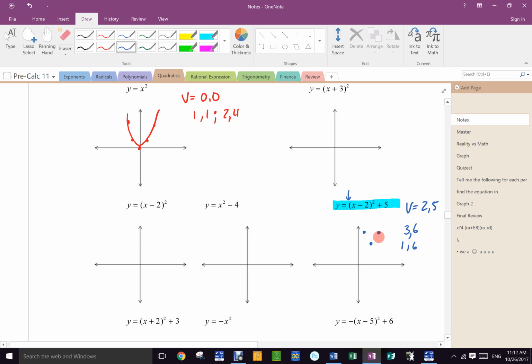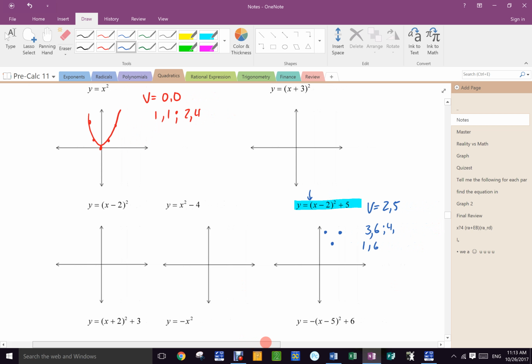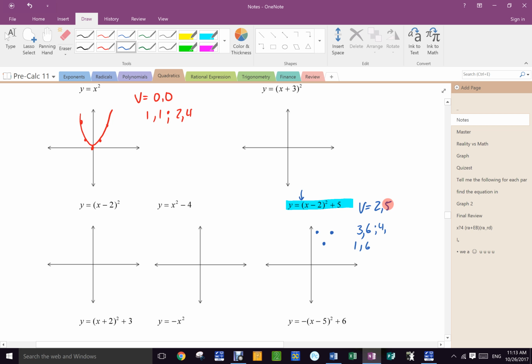Have I covered all your criteria? Do I have one on both sides? So do I care where you put the next one? So what's it going to be? If I go over 2 from 2, I'm at 4. How far up should I go? 4. So I went over to 4 and I went up 4. What's 4 up from 5? 9. And there's my curve. Everybody cool?